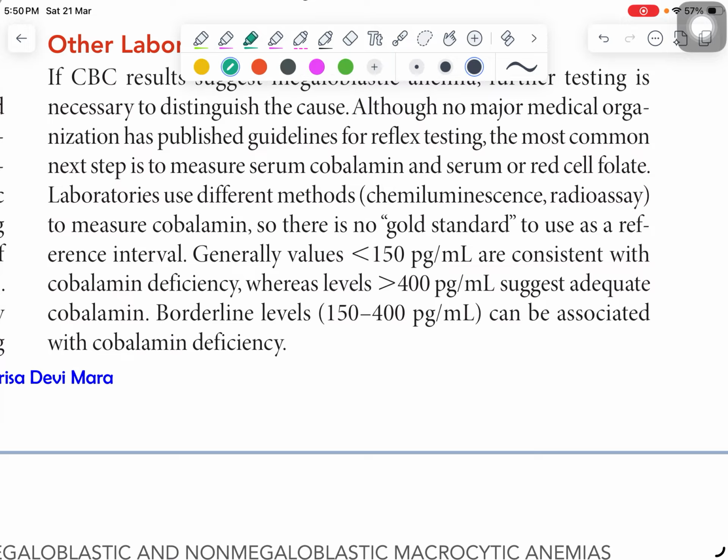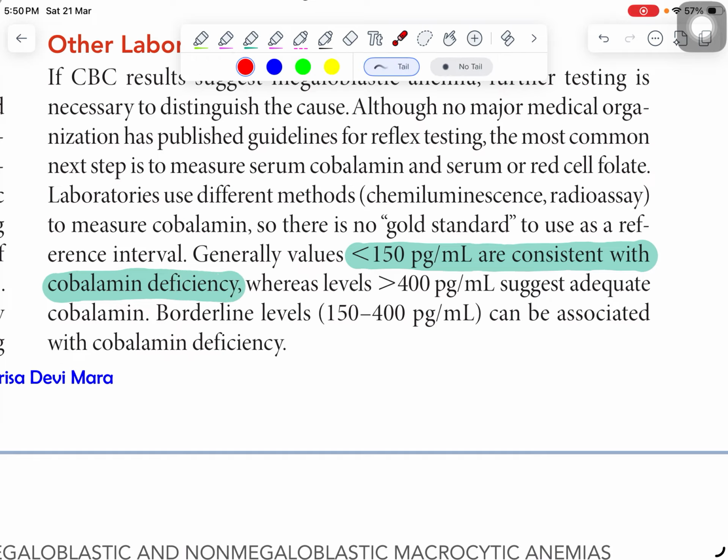So if the lab value is less than 150, that means it is B12 deficiency. However, more than 400 suggests adequate cobalamin.